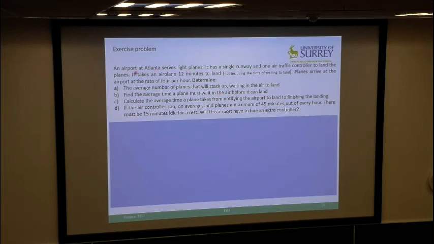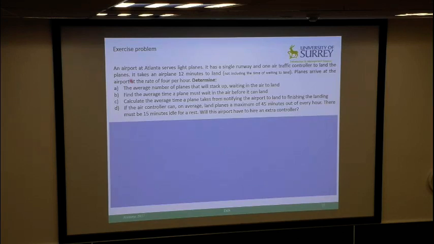What if you have a pretty small airport that serves light planes, with a single runway and one air traffic controller to land the planes? Apparently this is not a very typical waiting line, but think about it abstractly, and it is basically the same if you think about the mathematical model behind the business story.